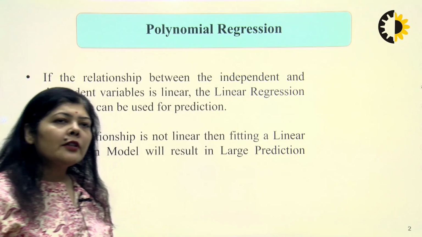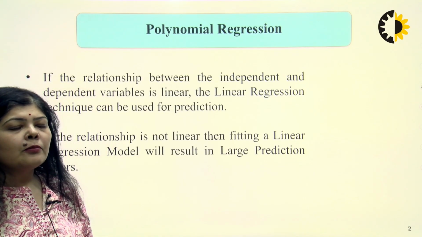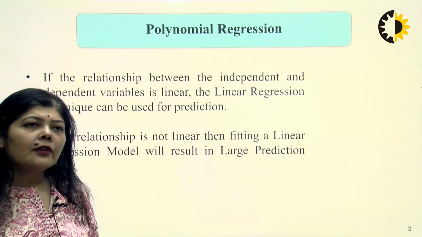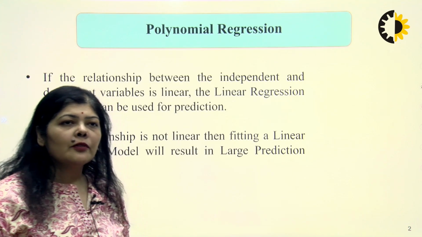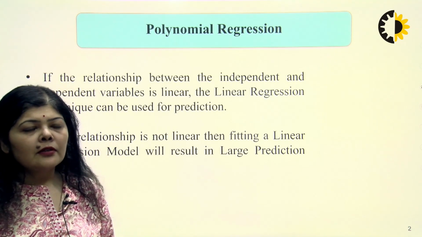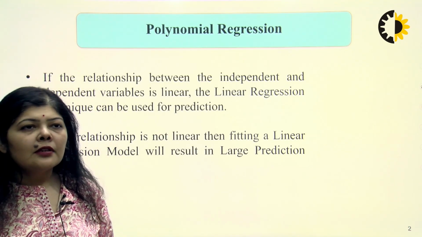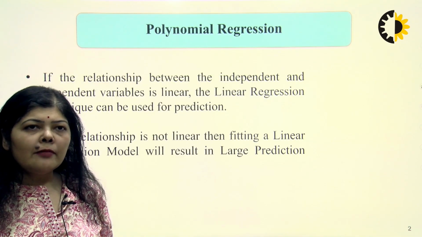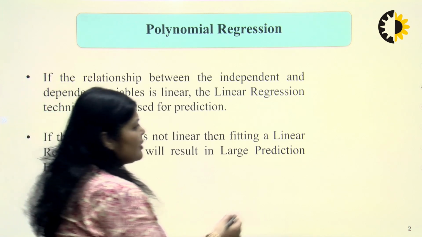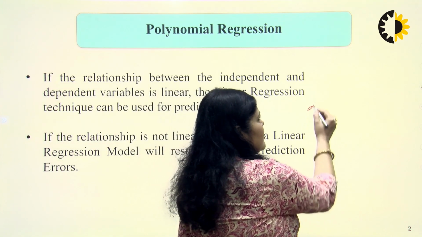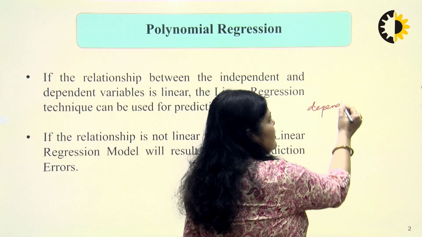As we already know, regression is a technique where we are trying to find out the relationship between the variables, right? Now the variables are of two types. One is called the dependent variable, and the other is called the independent variable.